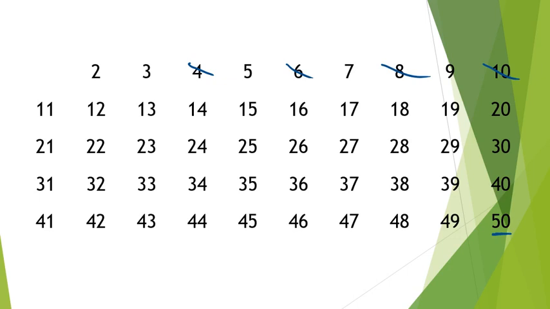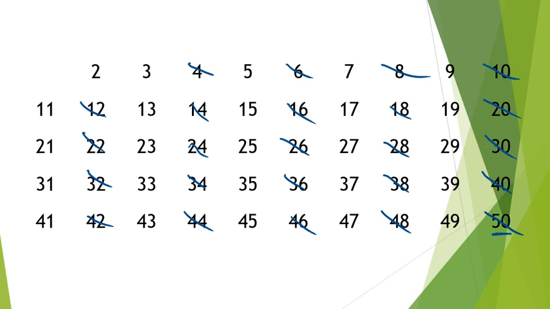Obviously, this is going to be all even numbers. So I'll just cross all these out right now. So we've crossed out all multiples of 2 that are on this chart.